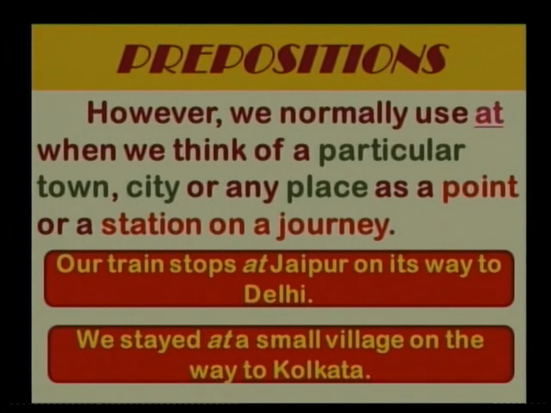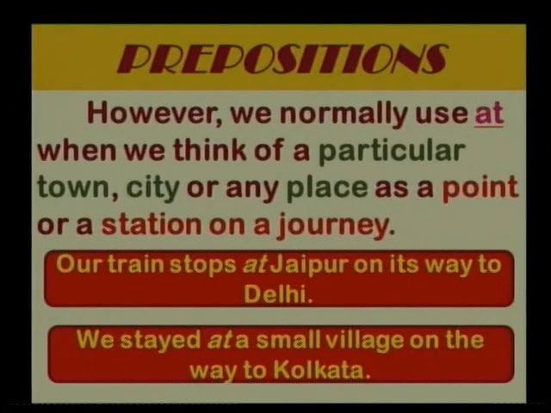Let us go back to the screen again. Let us take another sentence. We stayed at a small village on the way to Kolkata. All right, I'll repeat. We stayed at a small village on the way to Kolkata. Starting the journey from one place, we are going till Kolkata and we are staying at a small village. Again, look at the note on your screen.